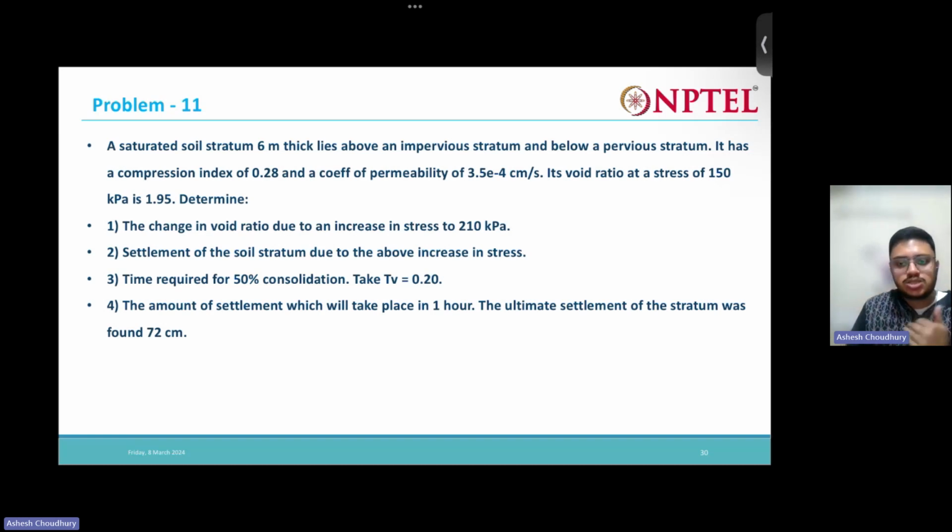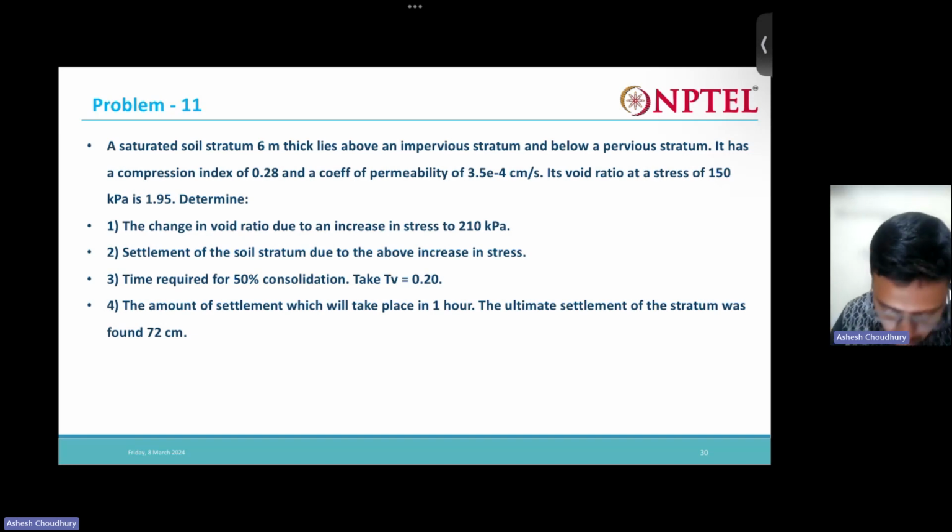Its void ratio at a stress of 150 kPa is 1.95. Determine the change in void ratio when the stress is increased from 150 to 210 kPa; the settlement of the soil stratum due to this increase; the time required for 50% consolidation, taking T as 0.2; and the amount of settlement which will take place in 1 hour.